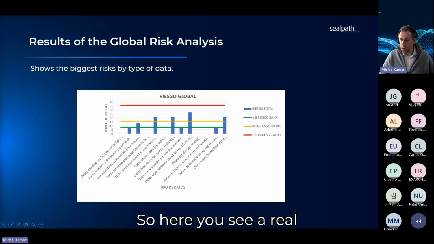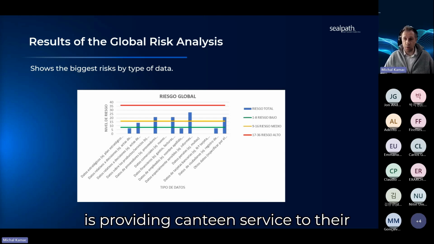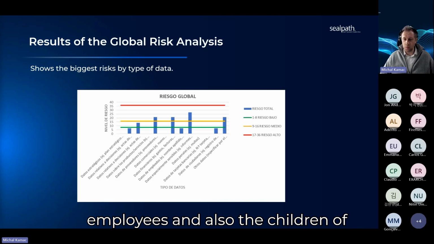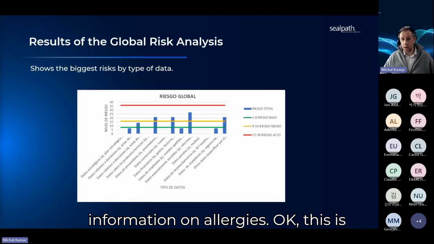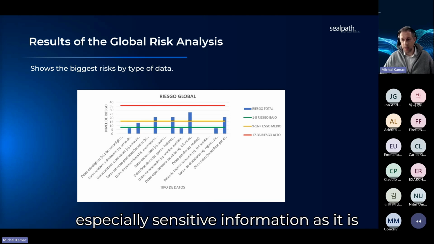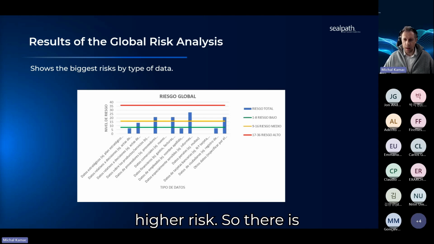So here you see a real case of an HR department that is providing canteen service to their employees and also the children of those employees. So they store information on allergies. Okay, this is especially sensitive information as it is health data, and therefore it has a higher risk.